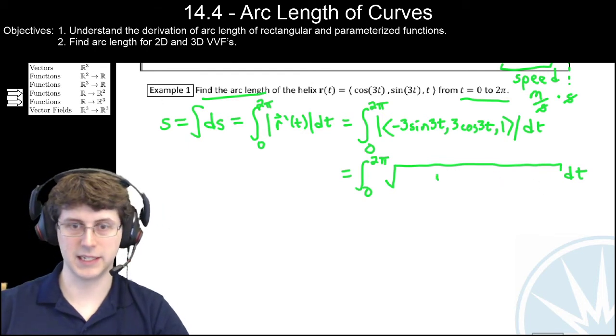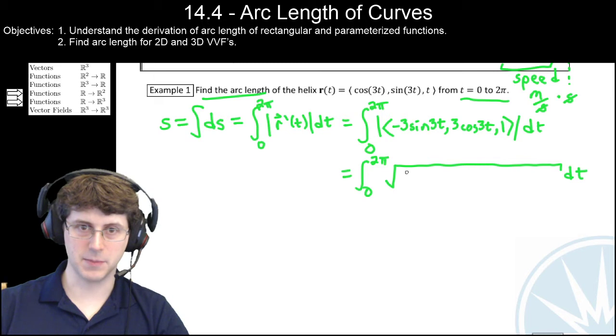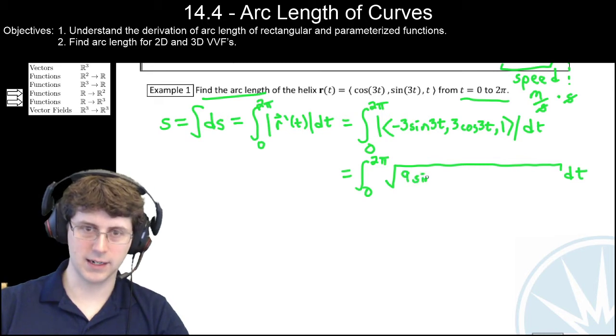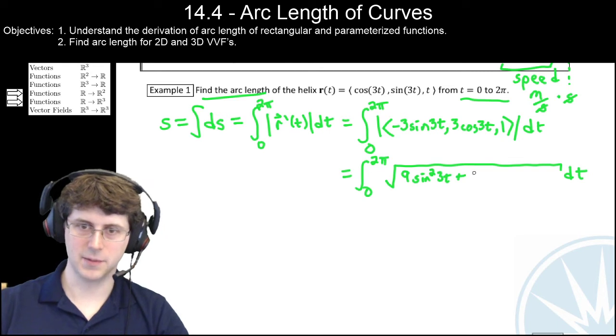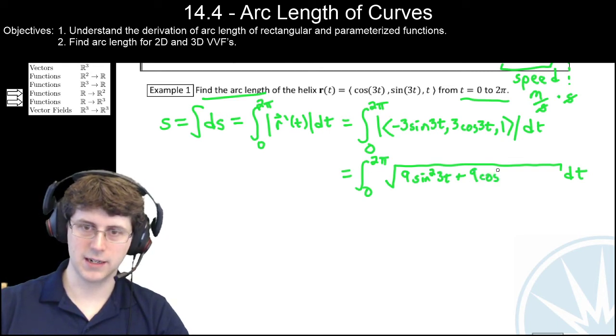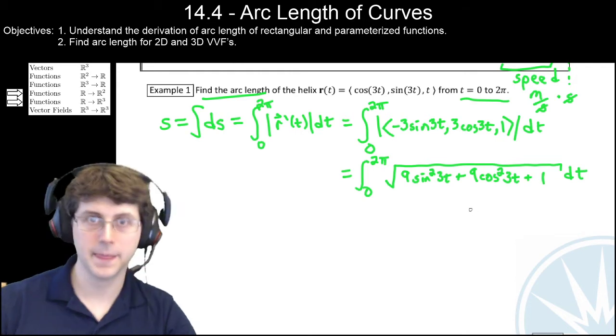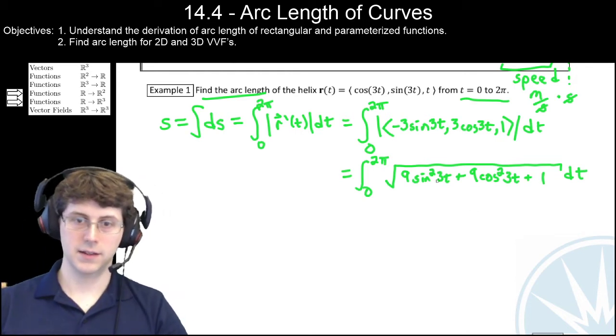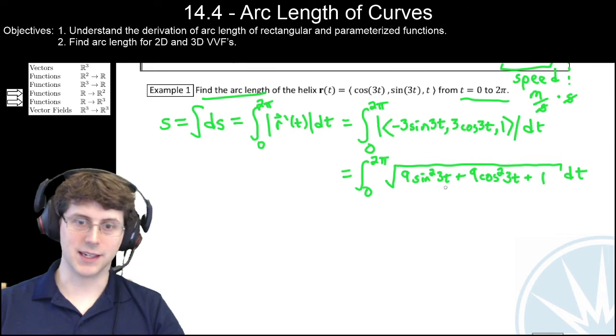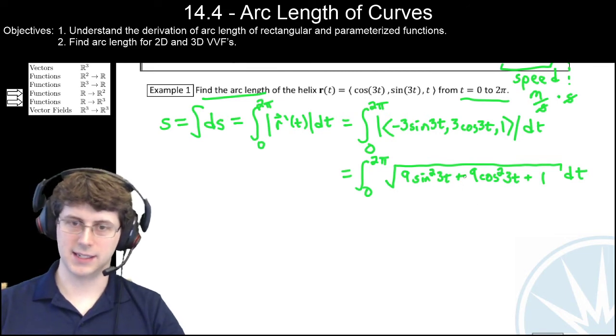Let's leave a little more space. So square the first component, 9 sine squared 3t. Square the second component, 9 cosine squared 3t. And square the third component. This maybe looks like it's lucky, but it's not really lucky. Circles do this a lot.